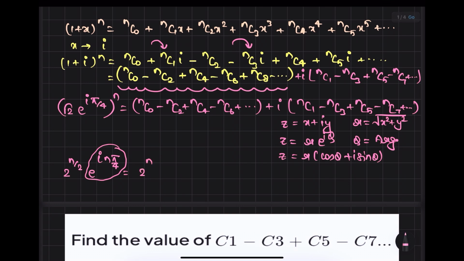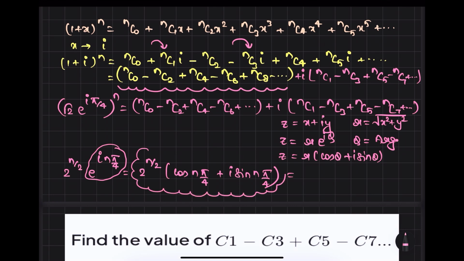So 2 power n by 2, and then cos n pi by 4 plus iota sin n pi by 4, correct? So we got this quantity on the left hand side.